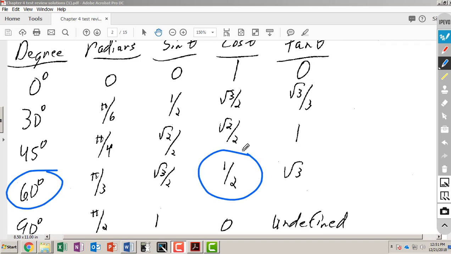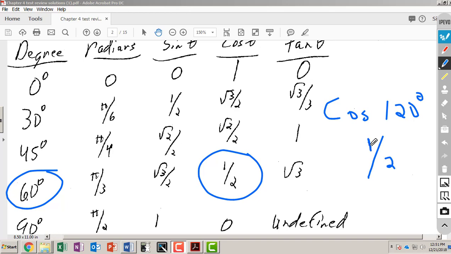That is 1/2, which is our reference answer. We have to check, since our original problem was the cosine of 120. So here is my answer of 1/2.